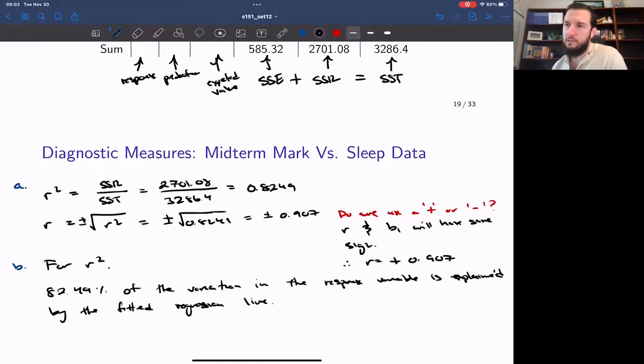Basically what this is telling us is how far away the points are from the line. In saying that 82.49% of the variation in the response is explained by the regression line, this is saying that the line explains 82.49% of the information in the response.